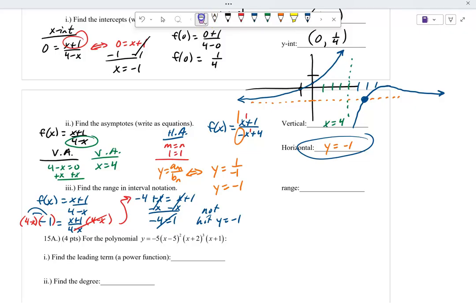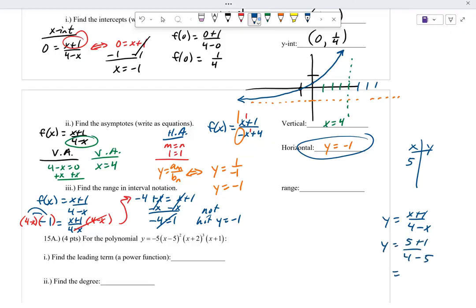And so it was a better graph before, because if you would have plugged in like 5 or some other points, you just want to check, if I plug in 5 for x, where's it at? I got 6 over negative 1, so I got negative 6. So at 5, I'm down here, negative 6.